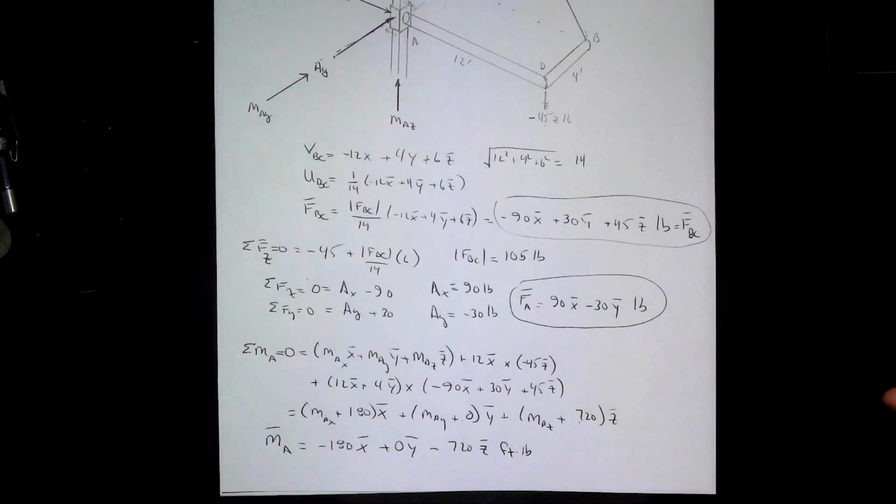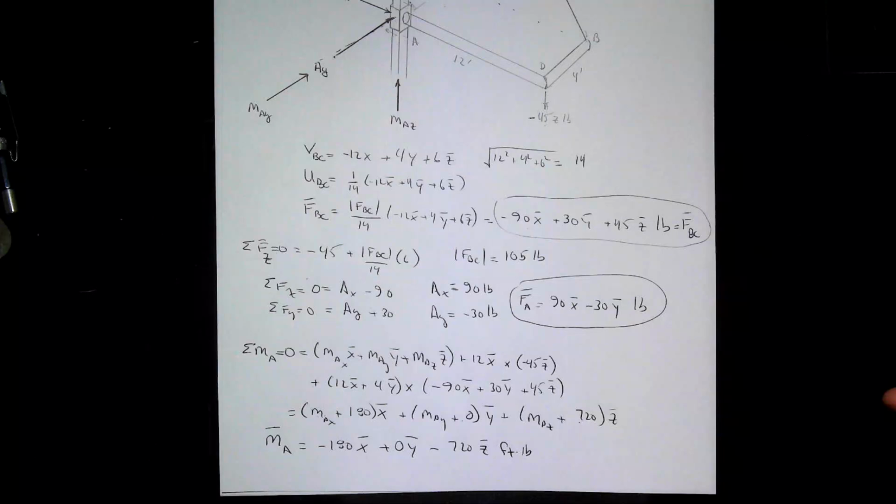Now we're ready to start working. If you look at this thing, what's going to be true? The sum of all the forces must be 0 in every direction. If I look over here at this collar, there's no force in the z because this is smooth. It can't exert a vertical force because there's no friction there. So I've got 45 down here, and some aspect of tension going up there.